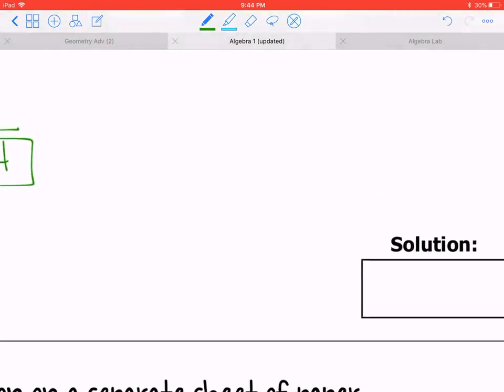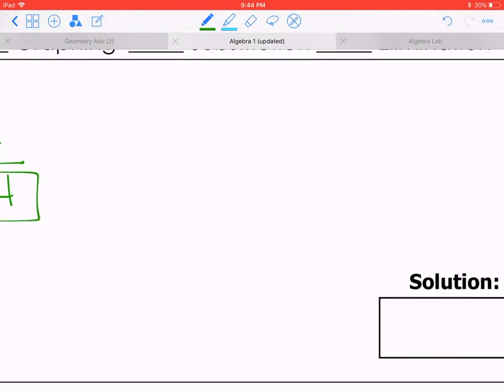I'm just going to draw a graph to the best of my ability here. Get some straight lines.